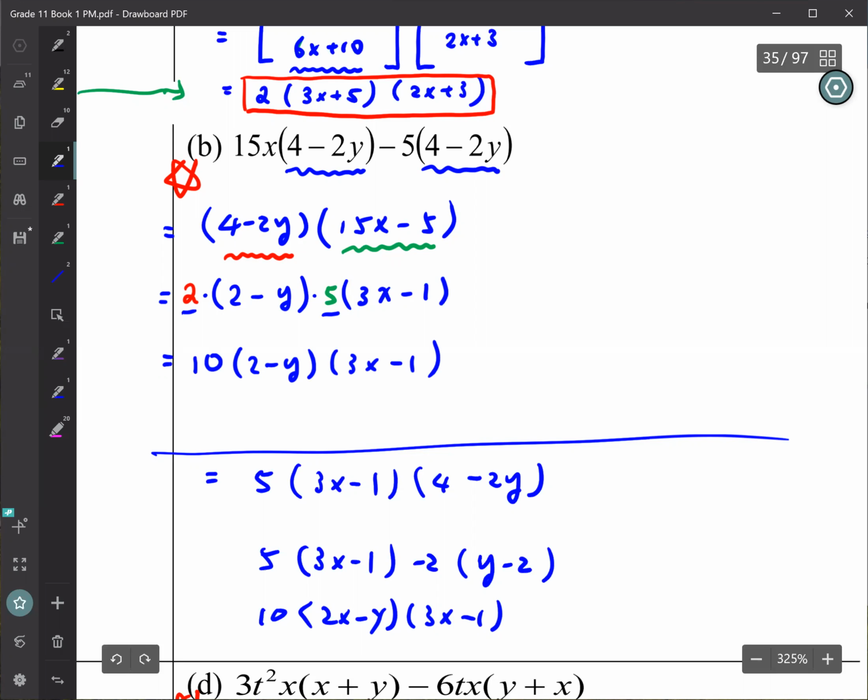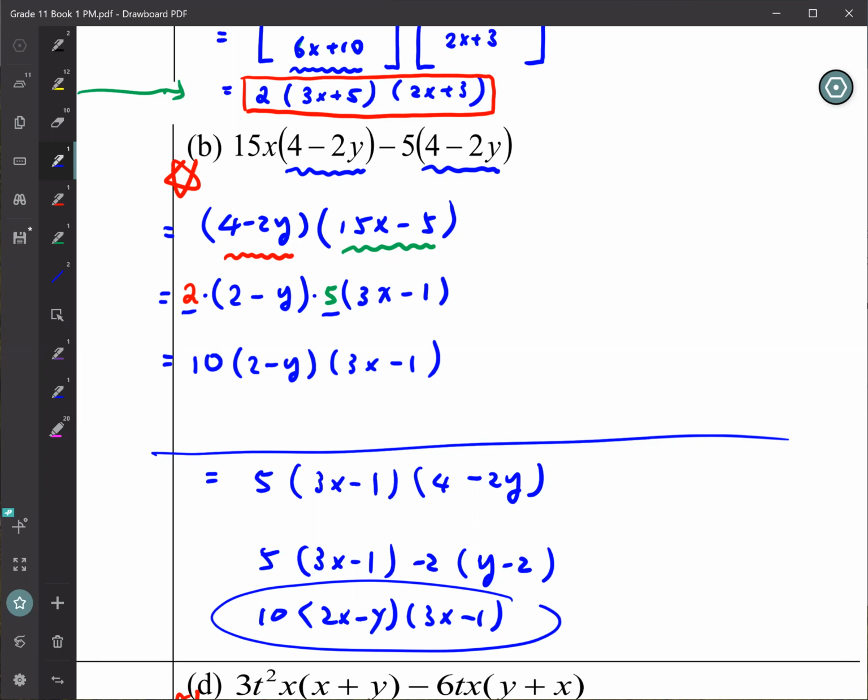So I think the closest answer is the last one. And I think the first answer is almost there, because you just need to remember to take out the GCF from this bracket, then you get the answer.